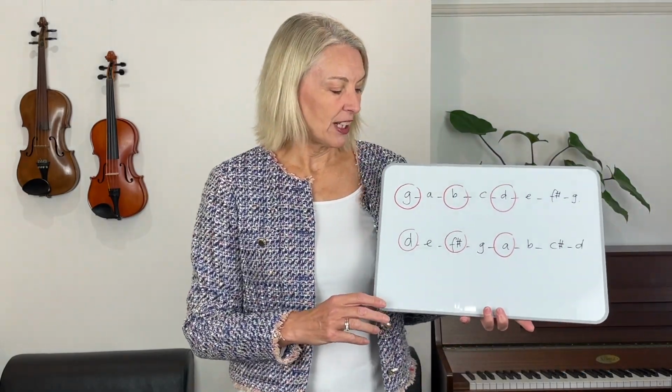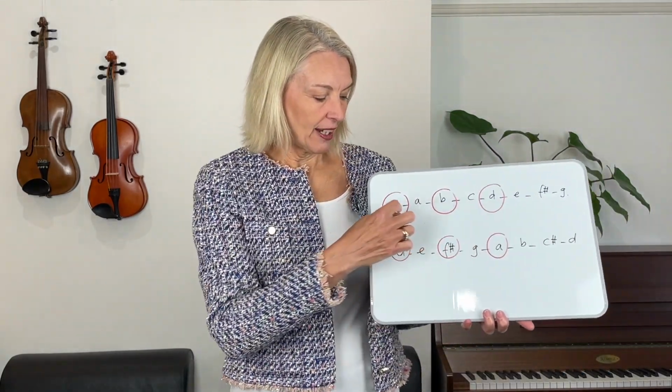Now you can see the two new words that are introduced here, and those two words are the tonic and the dominant. The tonic is every first note of the scale, and we're playing here in a key of G major. So the letter names of the G major scale I've written down for you here at the top.